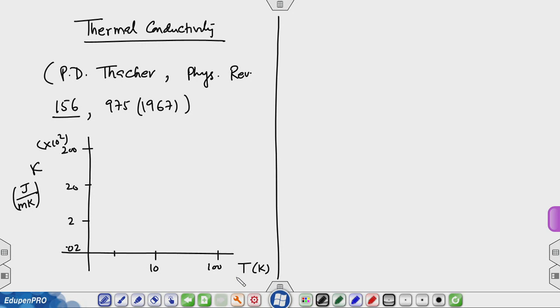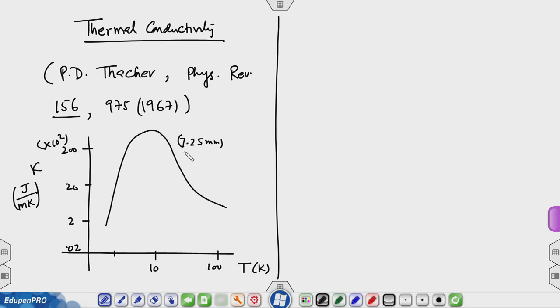You plot it, and for a large size sample, this is how it is going to change. This is of width 7.25 mm.